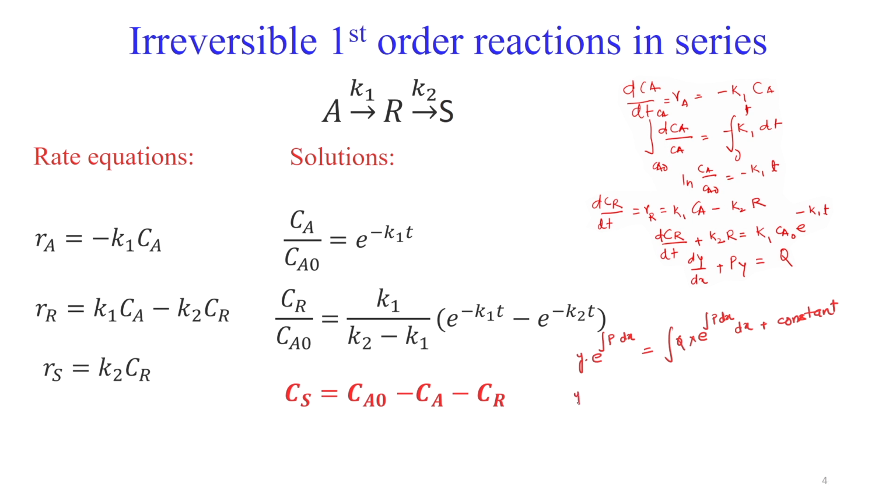So, y into e to the power K2 t equal to, the value of q is K1 CA naught e to the power minus K1 t, into the integration factor e to the power K2 t, dt plus a constant.